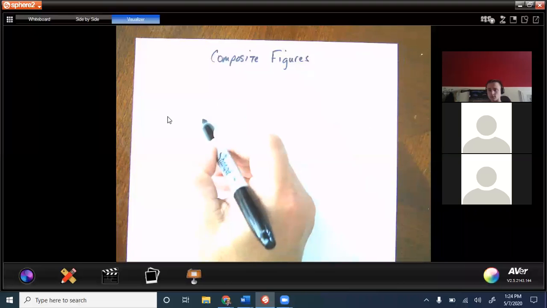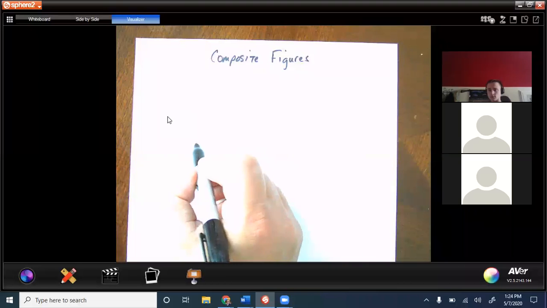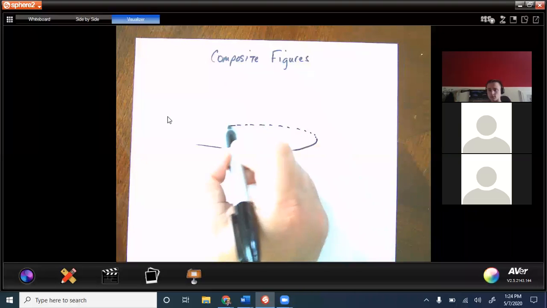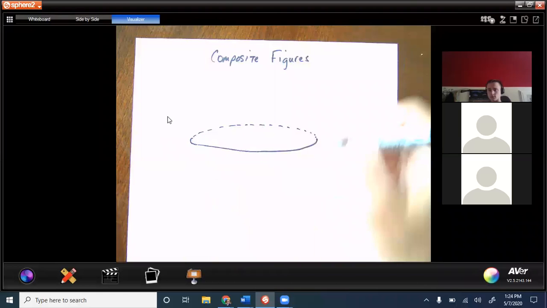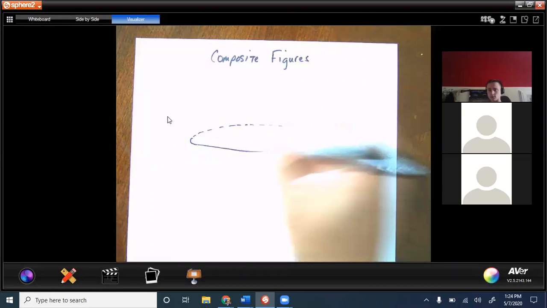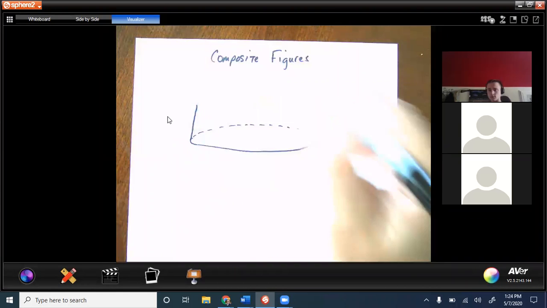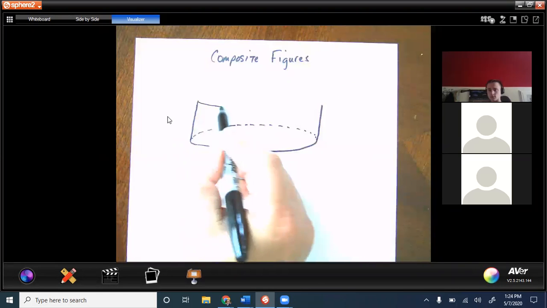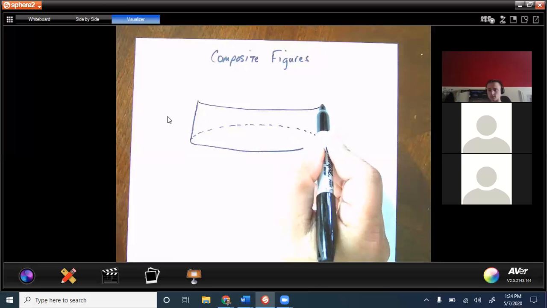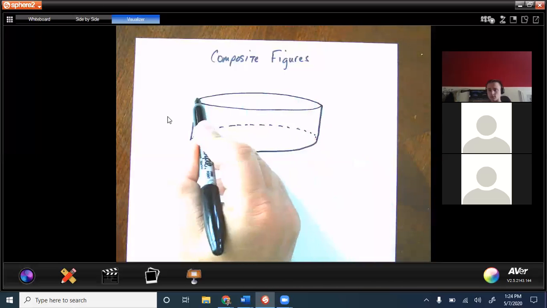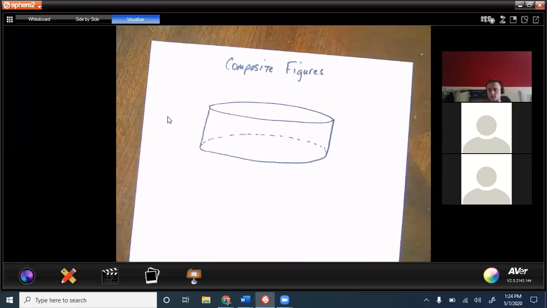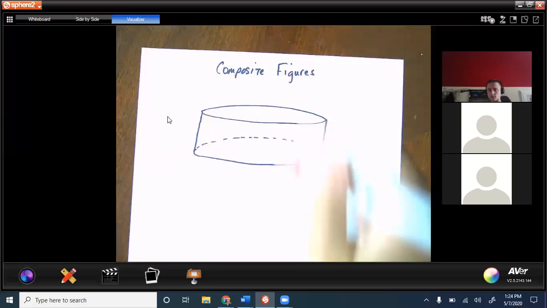So let me create a picture of composite figures. Let's say that we have a short but wide cylinder like that. So there's a short and wide cylinder. And on top of the short and wide cylinder, we have a prism.